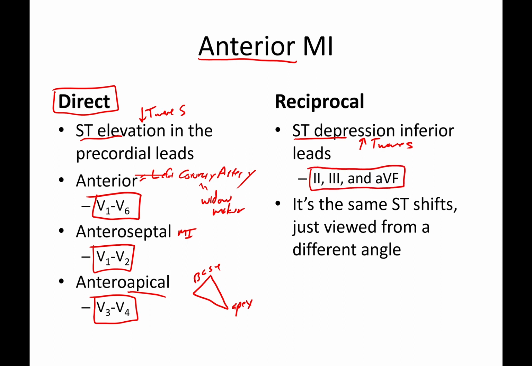Those are the most opposite of your chest leads that we can get. They're also looking at that area of the heart from the most opposite angle that we can have, which is why you would expect to see those changes there. A little bit difficult of a concept, but just trust me. So reciprocal changes, 2, 3, and AVF for anterior MIs.